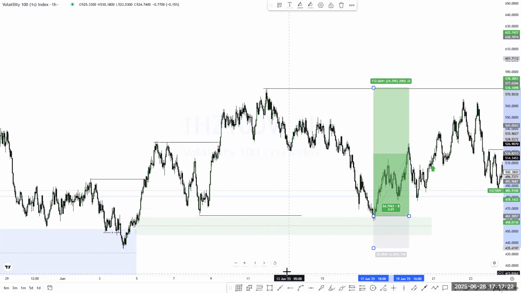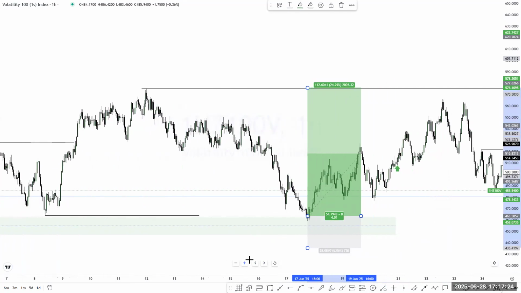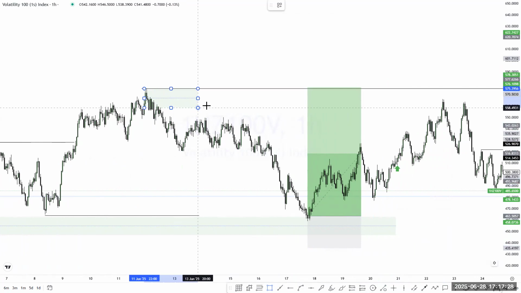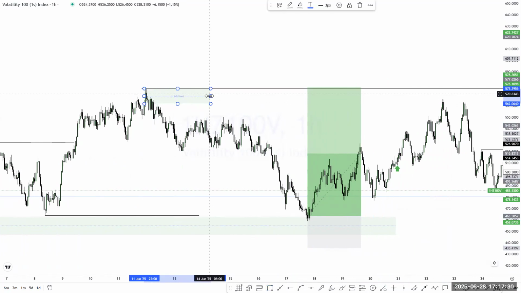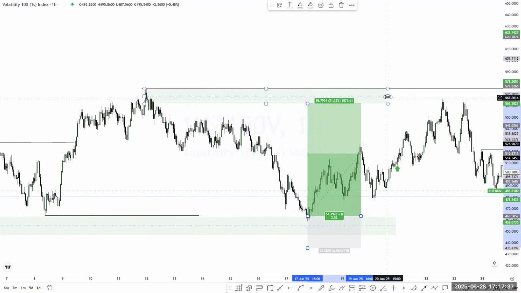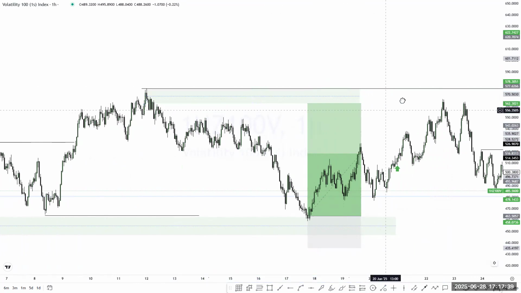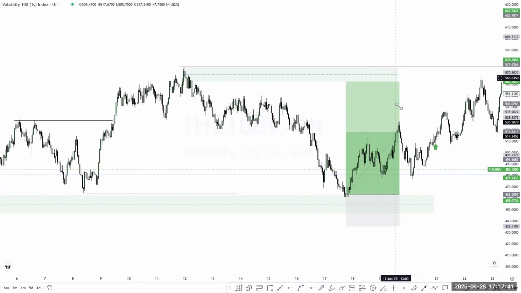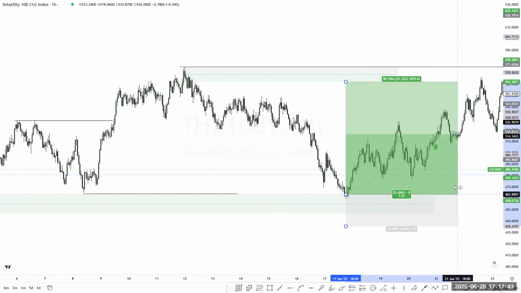But what I love doing most times is I take my profits in the next proximate supply zone, right? Here's a supply zone. I love taking profit in the nearest supply zone instead of the ERL, because from experience, price almost doesn't take out the ERL before changing direction, mostly synthetic, right?